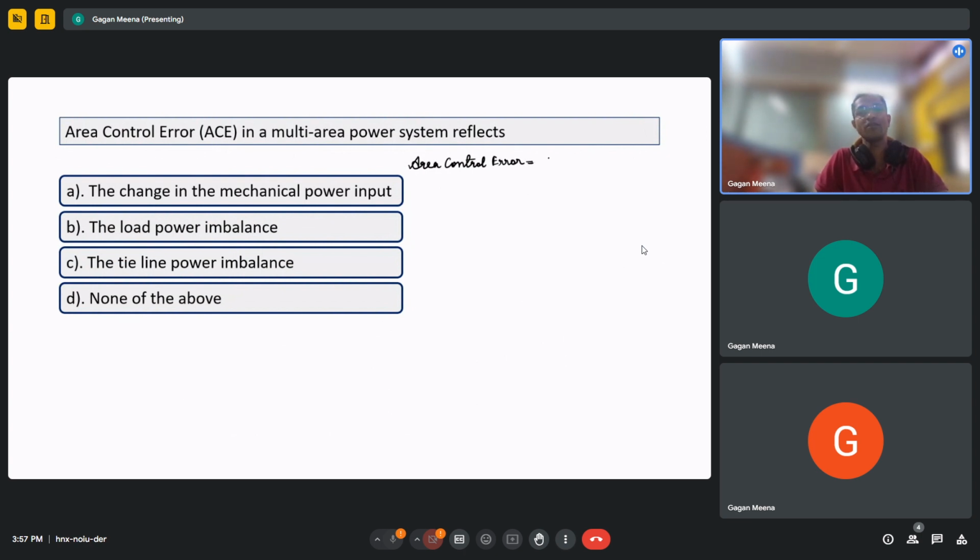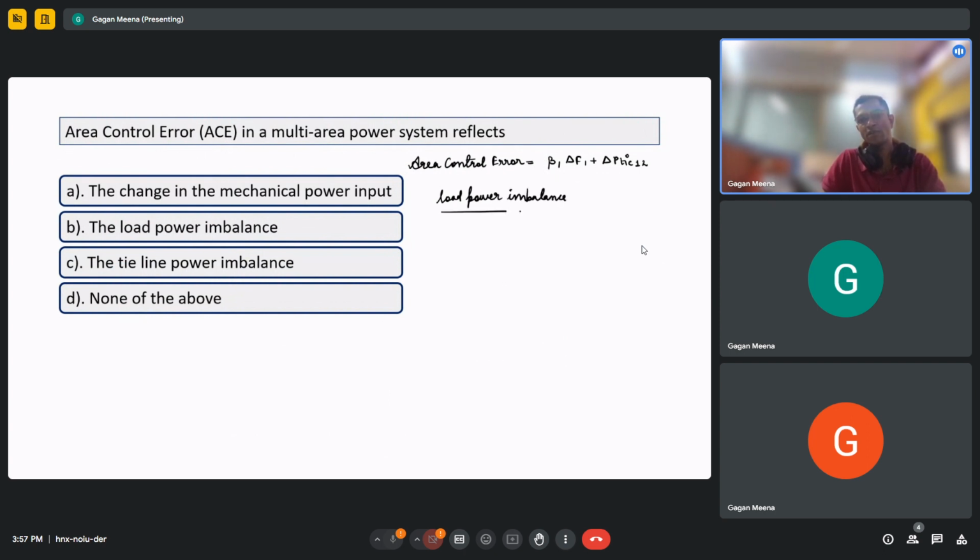We saw that it is a combination of two things. Area control error for one area is beta 1 into delta F1 plus delta P tie 1 2. So it depends on the changes in the tie line power flow and the changes in frequency, and it reflects the total load power imbalance.